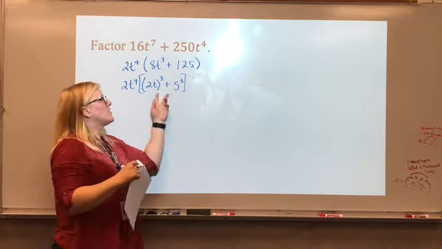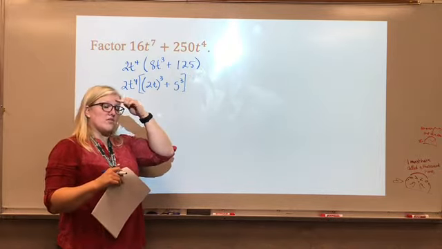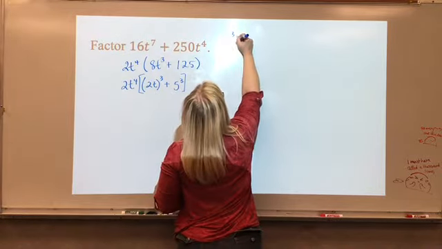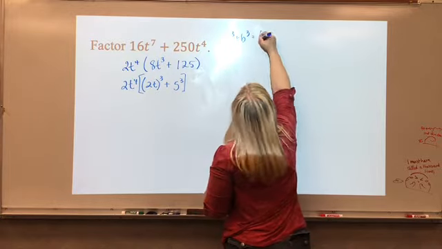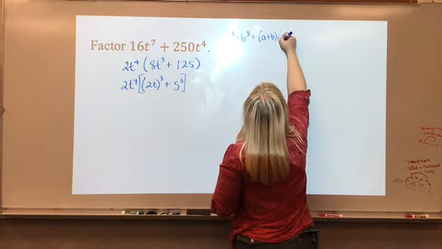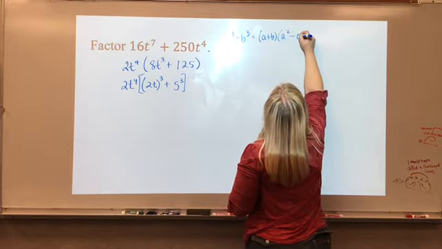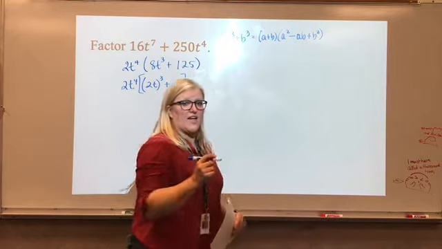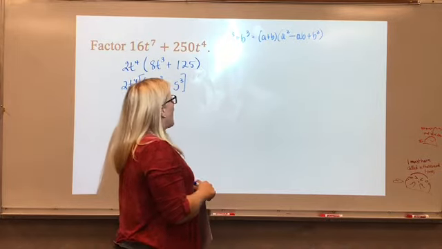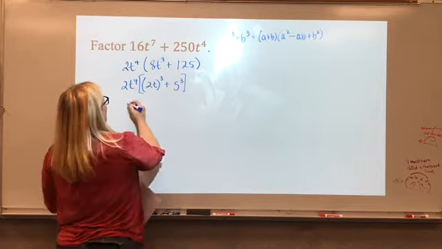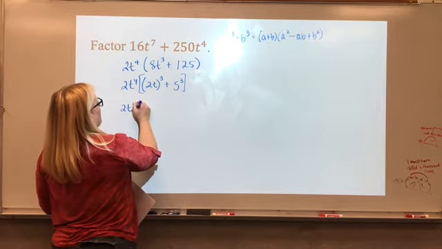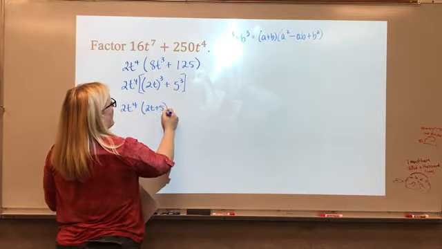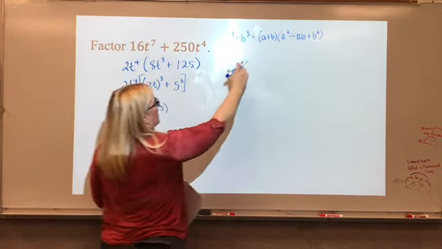And so now, you have to remember the formula. If I have a cubed plus b cubed, this equals a plus b times a squared minus ab plus b squared. And I told you that ridiculous story in another video. So if I rewrite this, I've got my 2t to the 4th. This is going to be 2t plus 5, because I've got my a and my b.